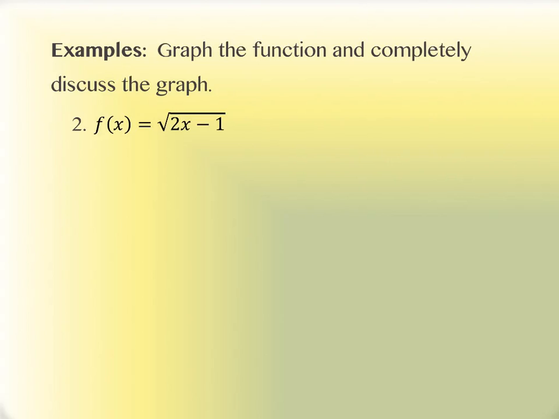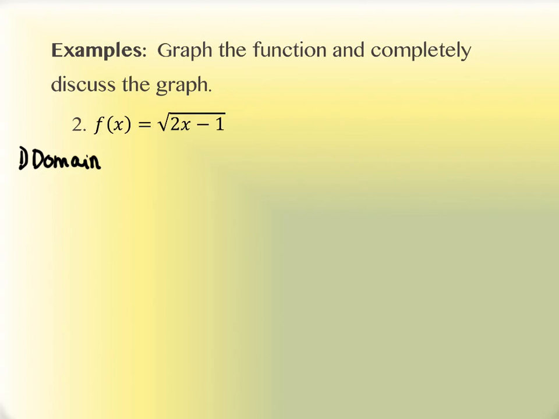All right, we're starting with number 1, the domain. Can you tell me about the domain for this one? You can't get something to be less than 0. What can't be less than 0?